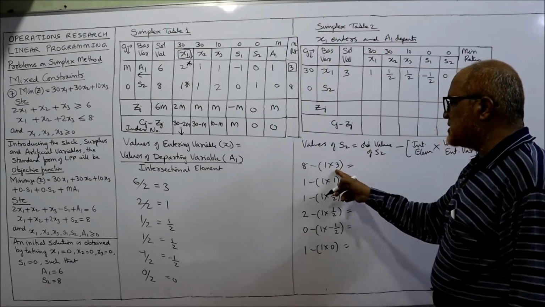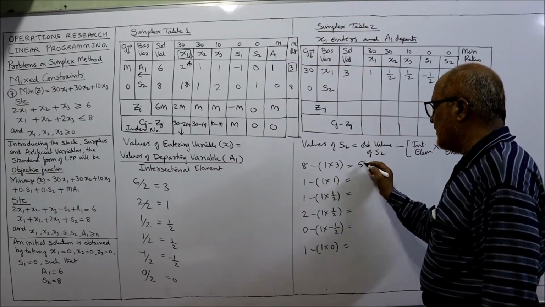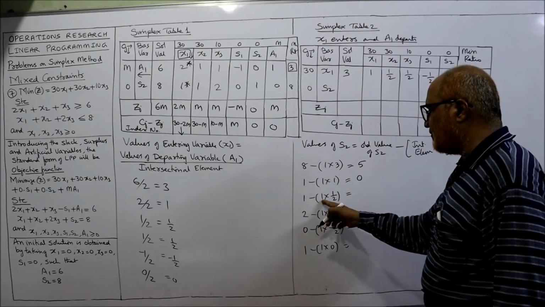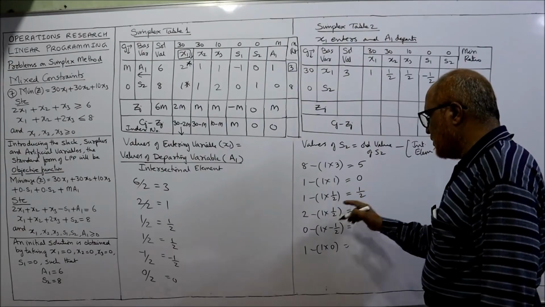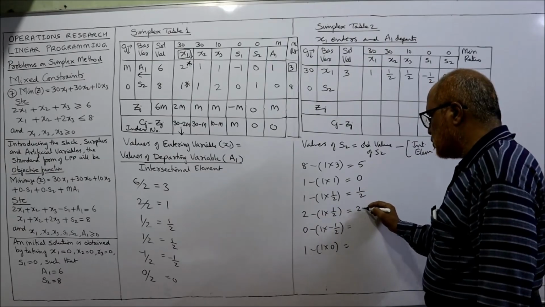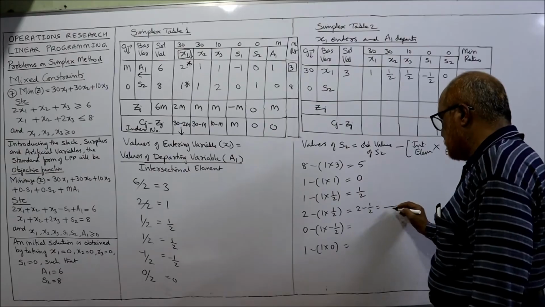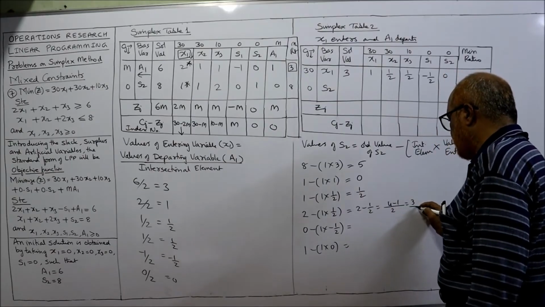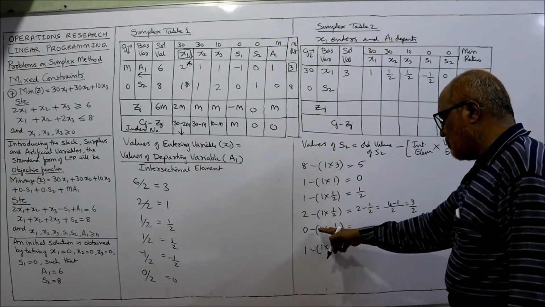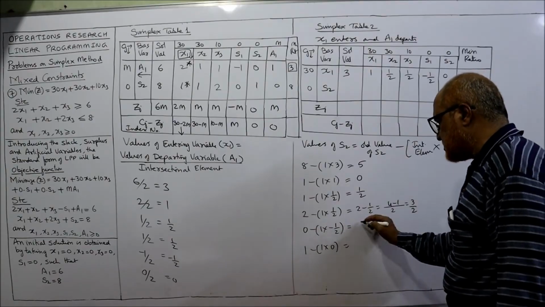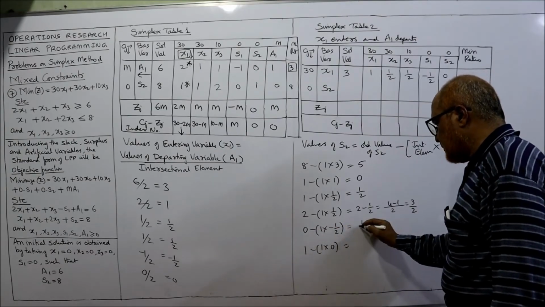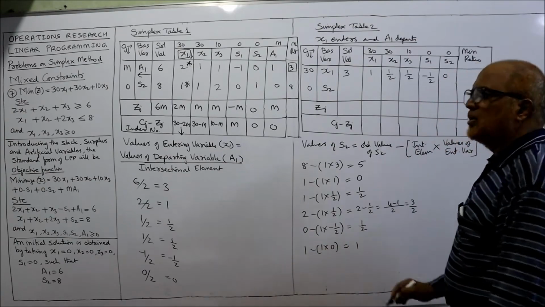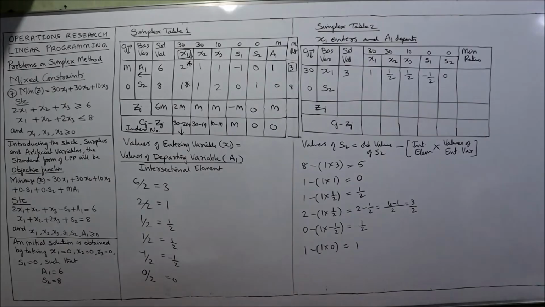The entering variable values are 3, 1, 1/2, 1/2, -1/2 and 0. Now 1 into 3 is 3, 8 minus 3 is 5. 1 minus 1 is 0. 1 minus half is half. 2 minus 1/2, LCM is 2, 2 2s are 4 minus 1, 3/2. 0 minus into minus becomes plus, so 0 plus half is half. 1 minus 0 is 1. That's all. So we got the values of S2.